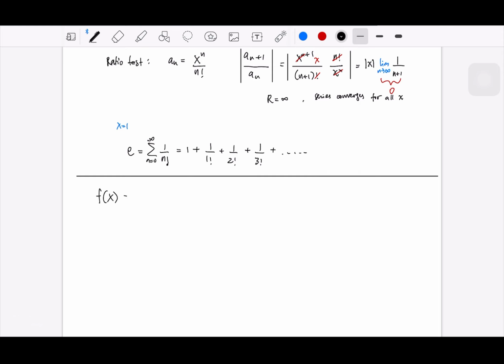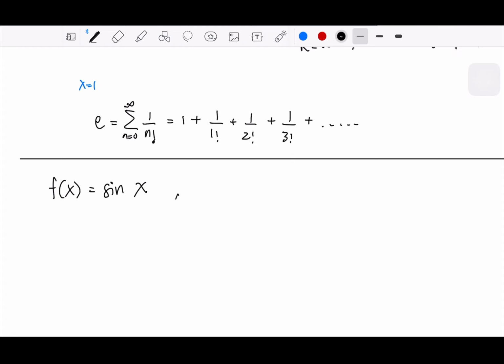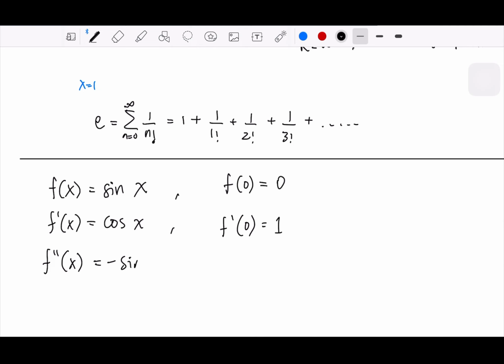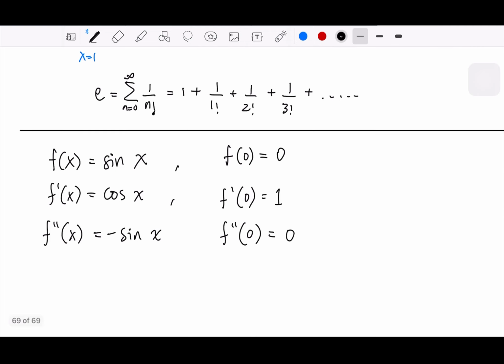If we start with sine, and we need to find the Maclaurin series, we can determine each derivative when x equals 0. We derive once, it becomes cosine, so 1. Derive a second time, it becomes negative sine, and it's 0.